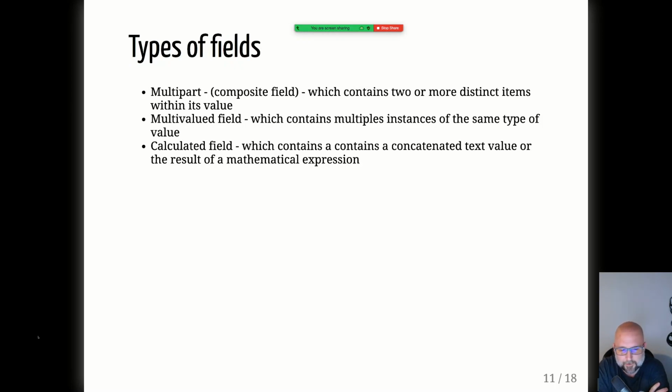So types of fields, and these are defined when you're defining your attributes. So each field has to follow the definition of the attribute, or the property, the column. You can have a field that has multiple values or multiple distinct items in it. We don't do that, but you can.